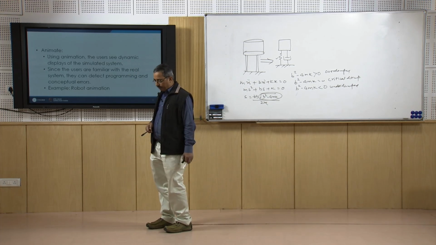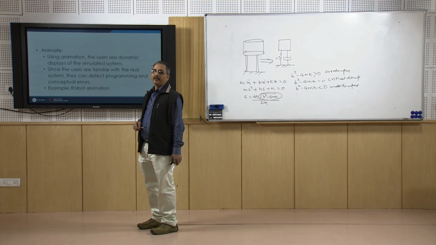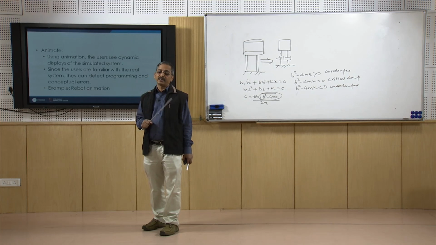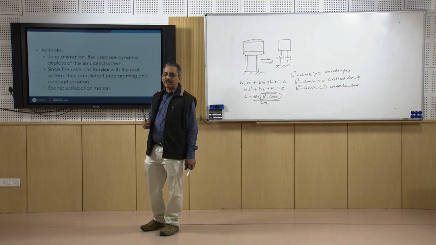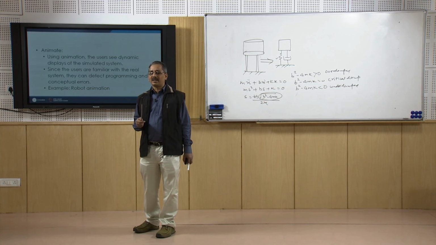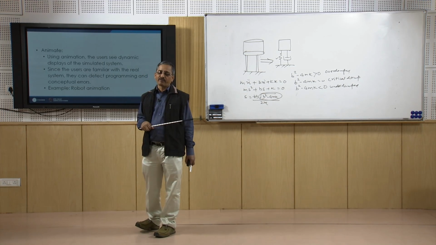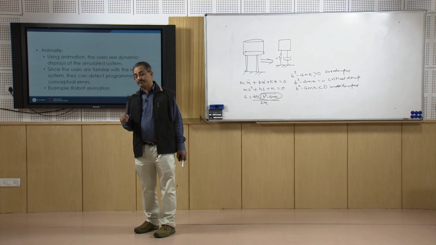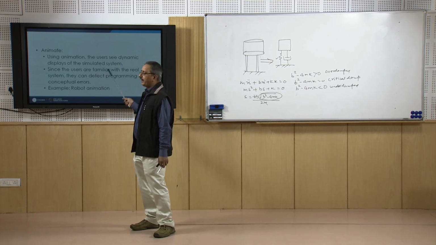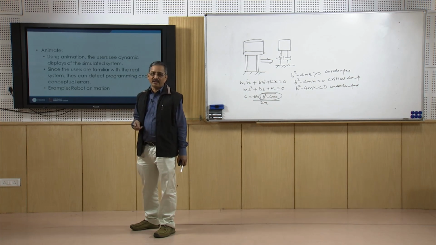Another very beautiful thing one can do to verify the result is animation. These animations are usually carried out using your simulated data. Whatever simulation data you are seeing, you can export it and use it in animation software, and you can see the actual behavior visually by creating videos or by seeing the different animation frames.